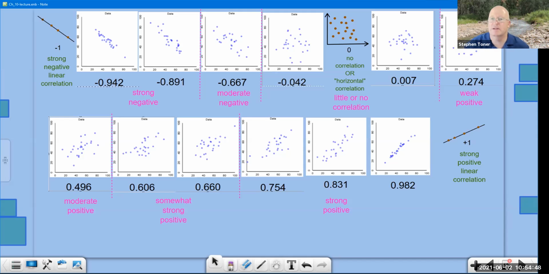This is a great place to take a screenshot that will help you as a study tool of identifying what the values of R are, but it also will help you with the adjective that you use to describe the linear coefficient.